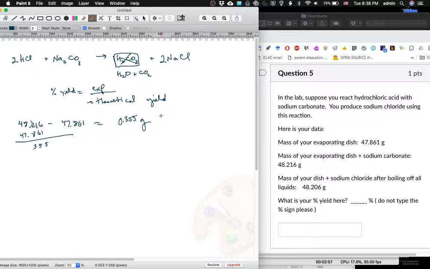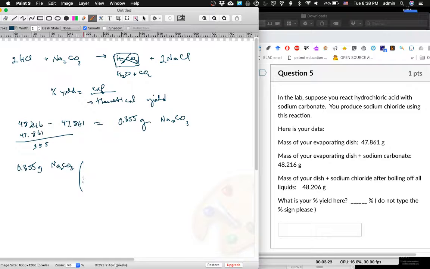That seems like a very small amount. Oh well. Of sodium carbonate. So if you have 0.355 grams of sodium carbonate, you can now figure out what the theoretical yield is.